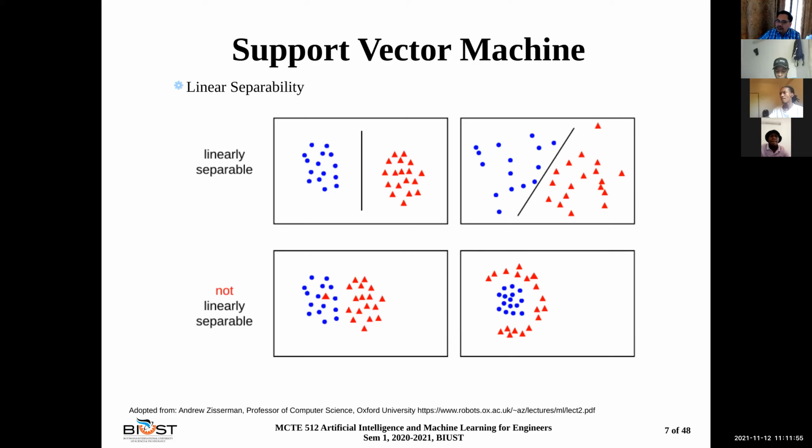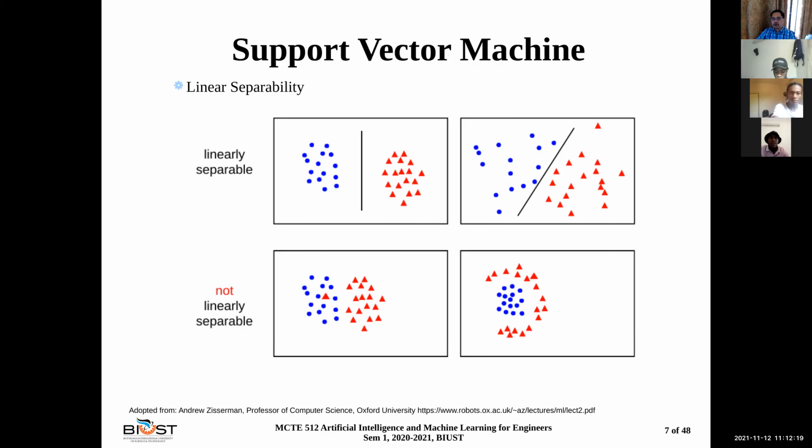There are many ways of separating them linearly. On the top, we can linearly separate these two distinct objects by a vertical line on this side. We say that they can also be separated by this slanted line.